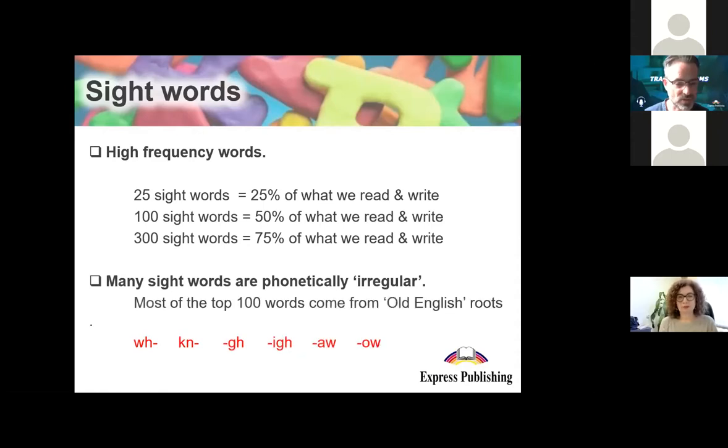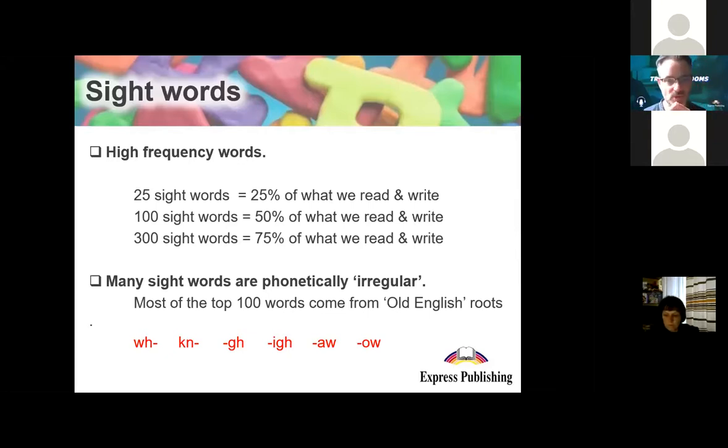Now, one of the reasons why this happens is because a lot of the most common words in English, despite what some of my Greek friends would insist, most of the common words in English, the majority of the 100 most common words in English come from older English roots. Okay, so the shorter words, they tend to be.